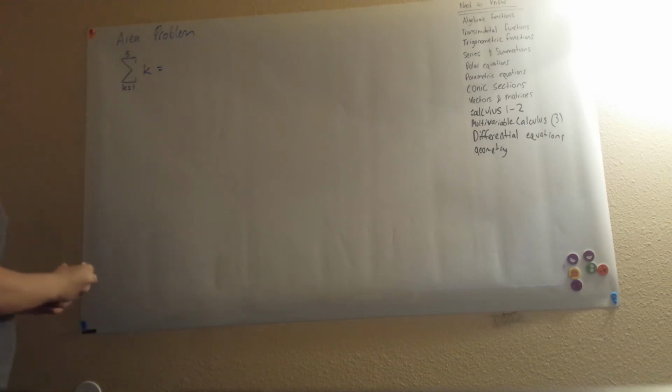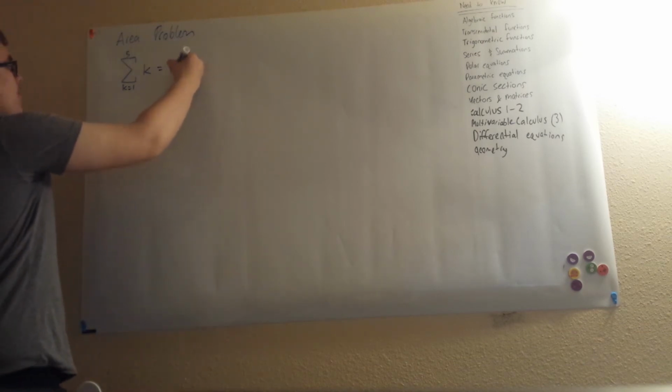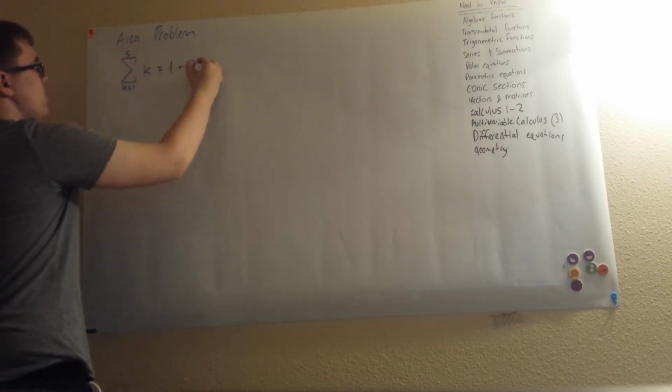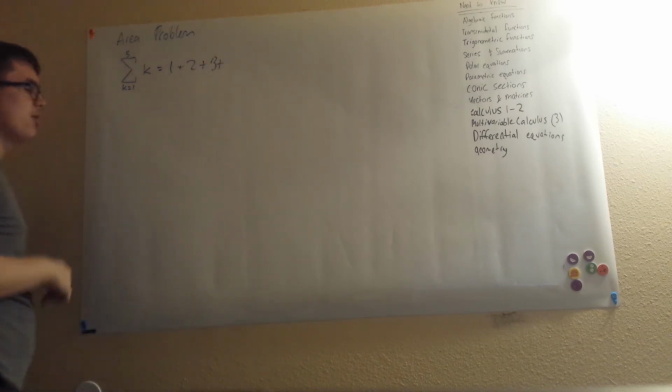How we figure out the sum is we plug 1 into k. Well, that's just 1. And then we add, and we go to k equals 2. Well, that's just 2. We put a plus symbol, and then we go to k equals 3. That's just 3. Then k equals 4.